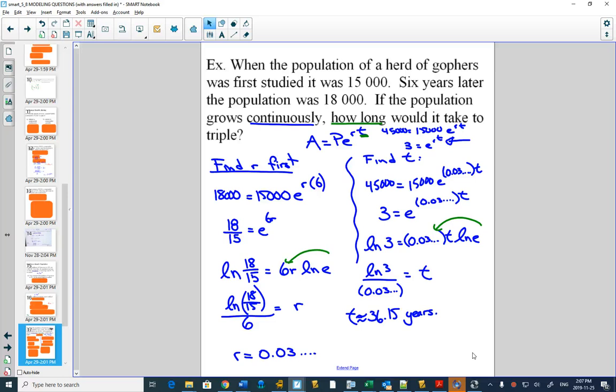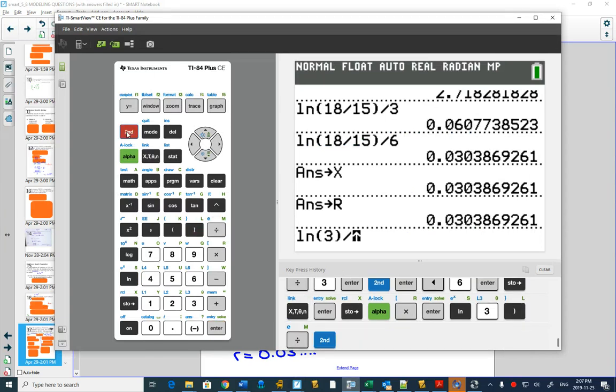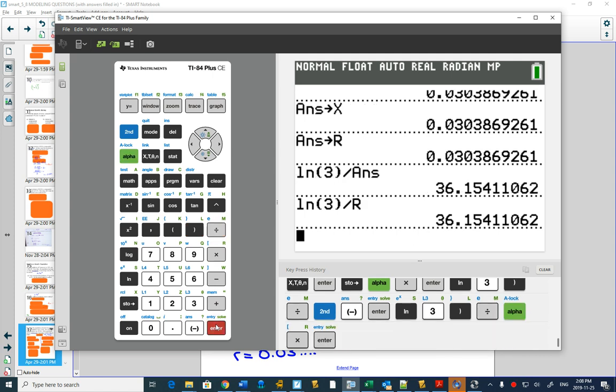Now, in this case, natural log of 3 divided by 0.03. On my calculator, I could have just done natural log of 3 divided by second answer, because my answer was still stored there, to get 36. But I stored it as r, so I could have also done natural log of 3 divided by r and got the same answer.